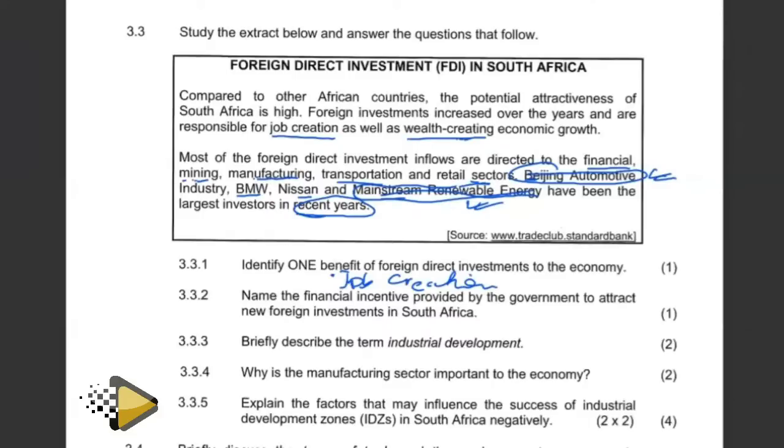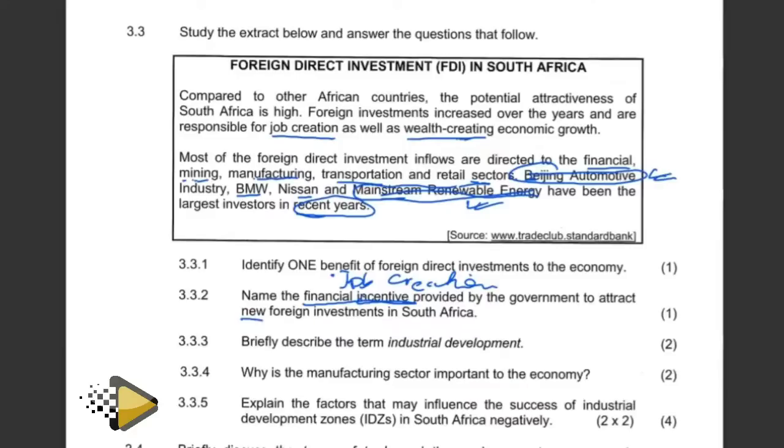Now the second question reads as follows: name the financial incentive provided by the government to attract new foreign investors in South Africa.